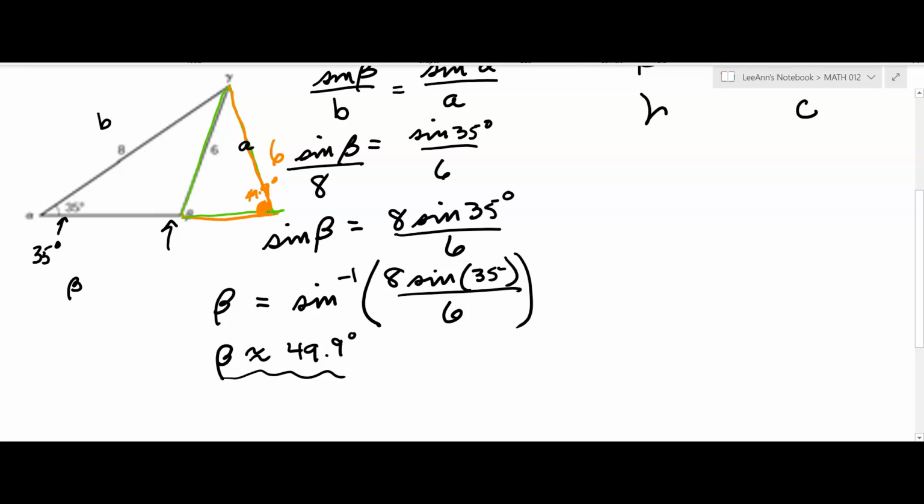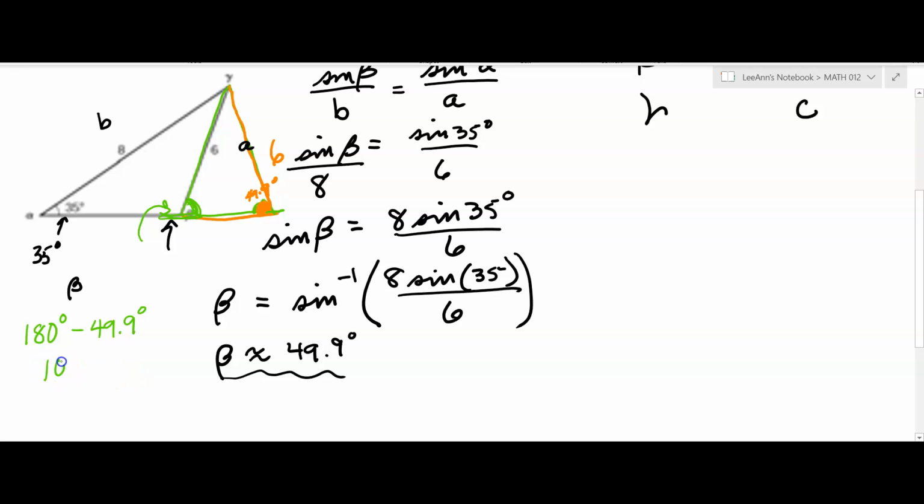And in an isosceles triangle, when those two sides are equal, these angles here are equal. So you can find beta here because it's got to be supplementary with that 49.9. So if you take 180 degrees and subtract 49.9 degrees, that's going to tell you what beta is.